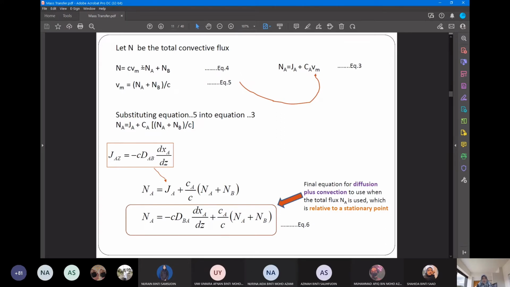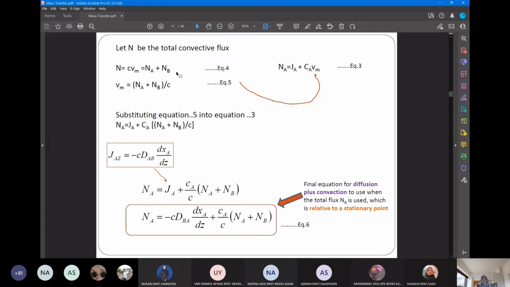CAVM is equal to the total flux of A plus total flux of B. So you can have component A and component B. If you have only one component, there is no need for NB, it will always represent 0.